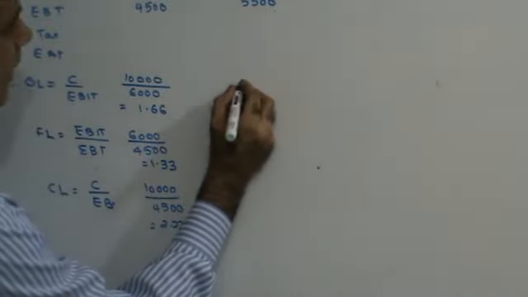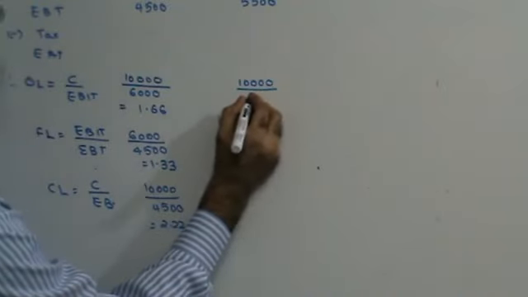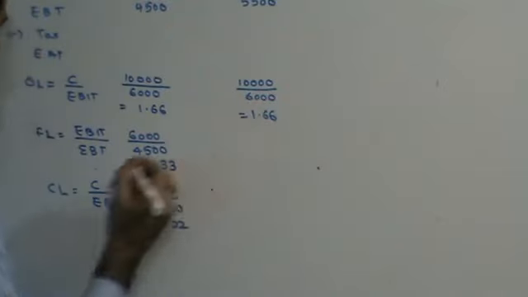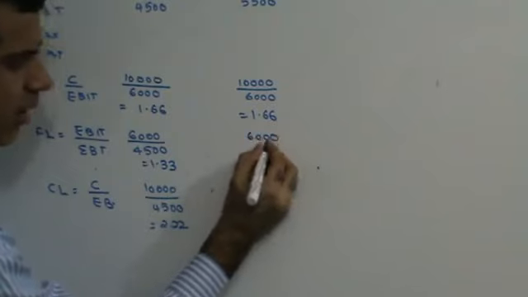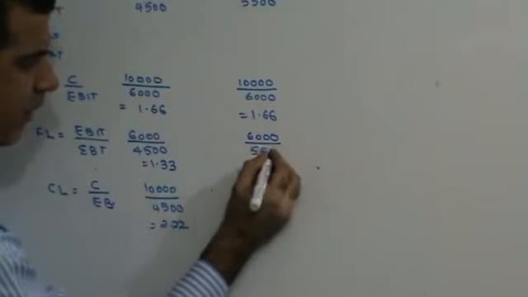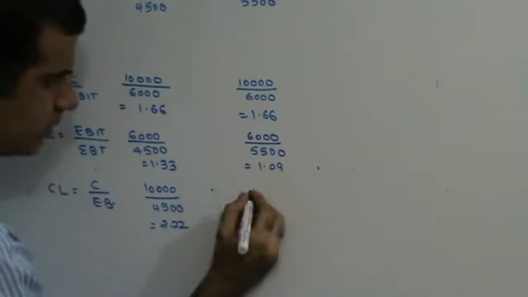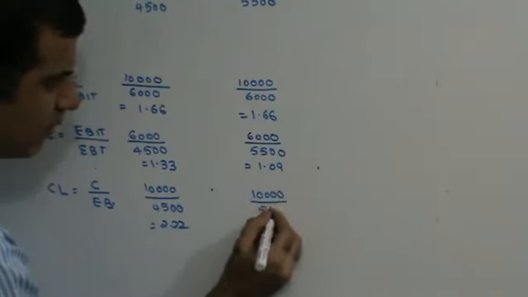Now similarly, let's calculate for plan B. It is going to be 10,000 divided by 6,000, which will be 1.66. Financial leverage is going to be 6,000 divided by 5,500, which is 1.09. And this is going to be 10,000 divided by 5,500.